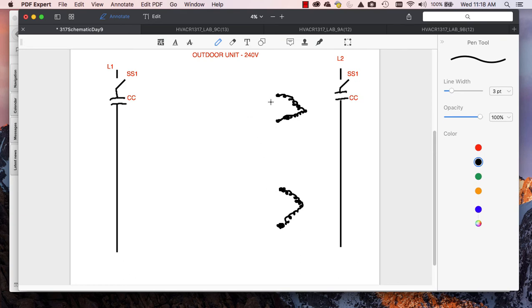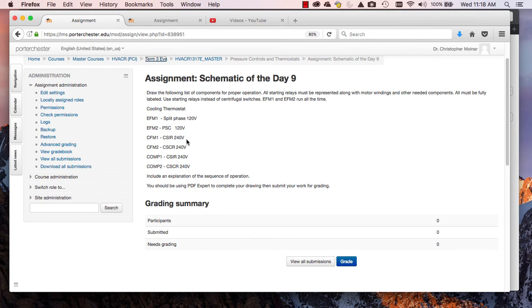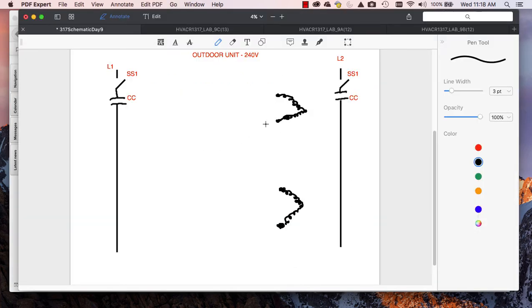So if we take a look here, I have a CSIR condenser fan, a CSIR compressor. CSIR is capacitor start induction run. So on both of these, what I need to do is have a start cap that's taken out by some sort of relay.